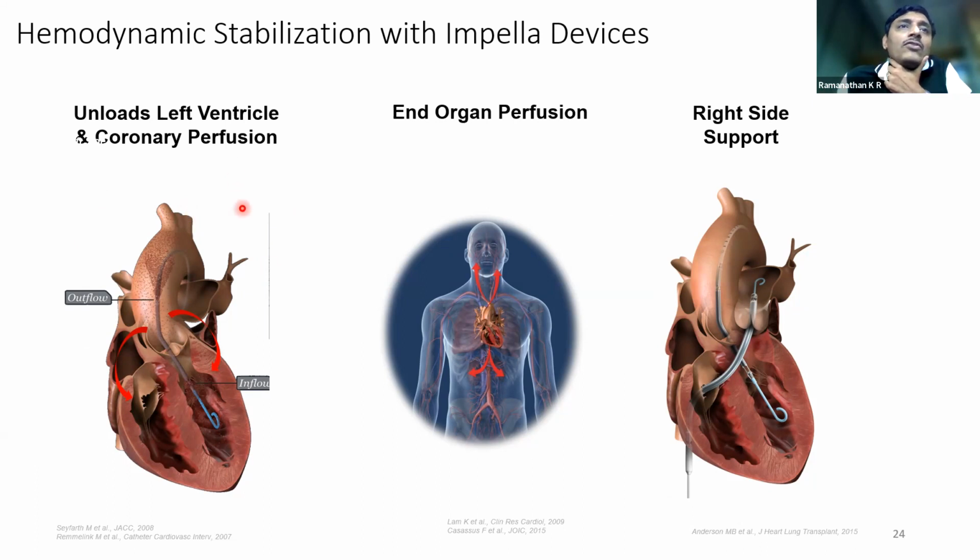And some of the later or higher versions of the Impella clearly provide end organ perfusion. Very often when you have cardiogenic shock in the context of MI, it's a transient or temporary drop in your LV function. And at that point of time, the flows from Impella can help with end organ perfusion.